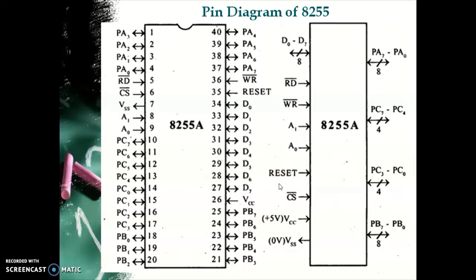A reset signal is used to bring the device back to normal working conditions in case of an abnormality. Chip select, a global enable for this device, is an active low signal, and there are 2 power lines, VCC and ground. All this together forms the 40 pins of the 8255.